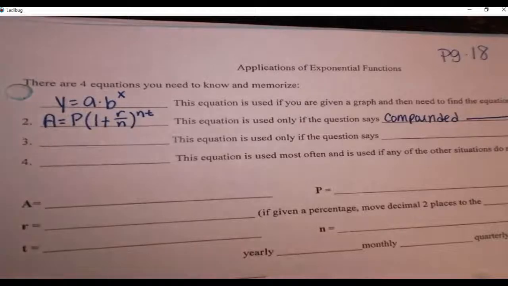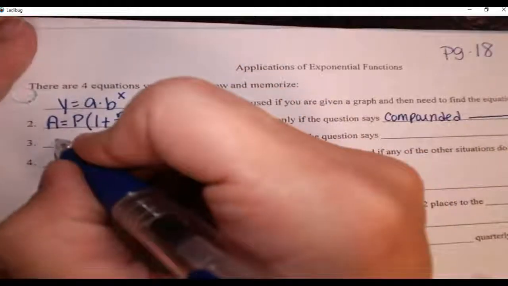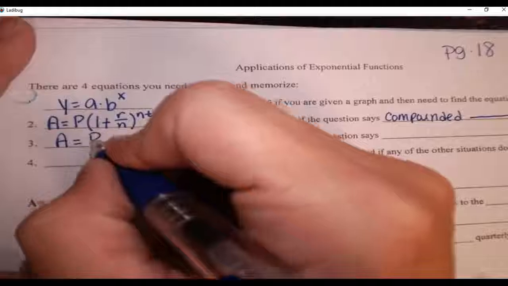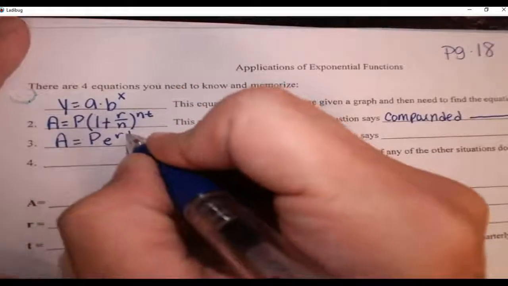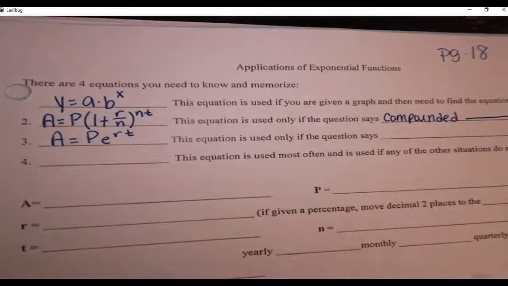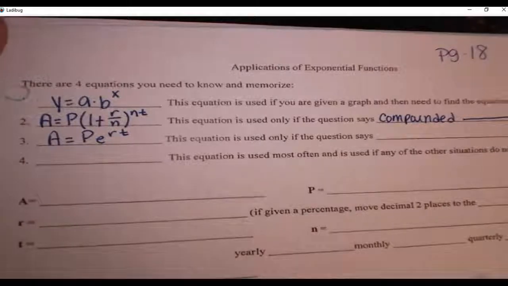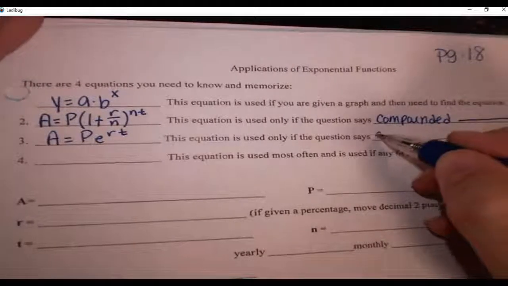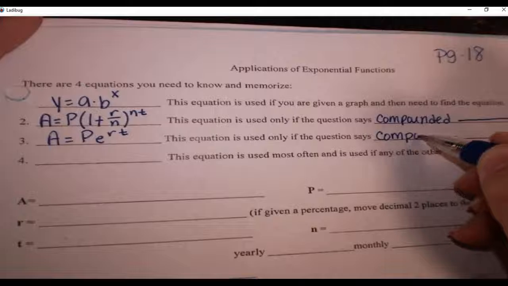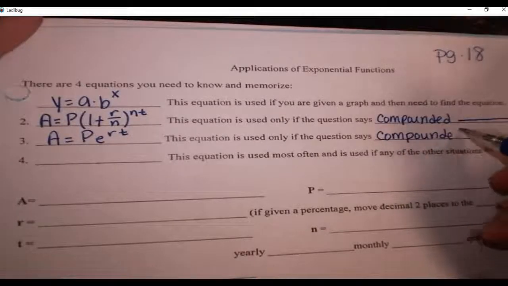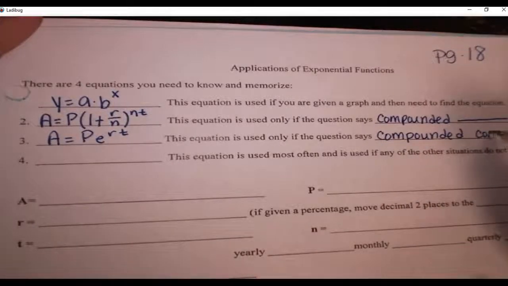The only time you don't use that equation is when you use this formula, A equals P e to the rt, and that one is also talking about money. But it'll say it's compounded continuously.